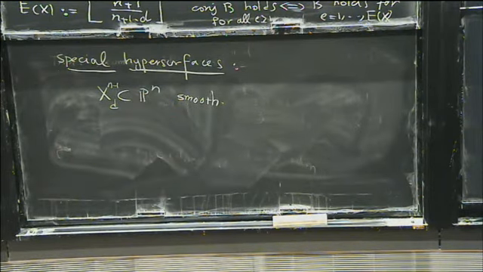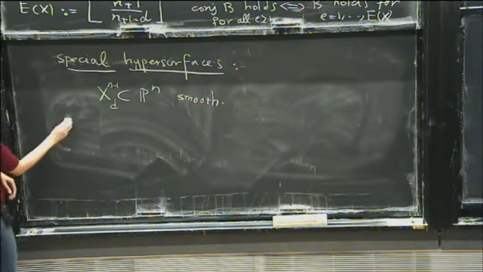And so what do we know about the space of rational curves on X here? So these are the known results.